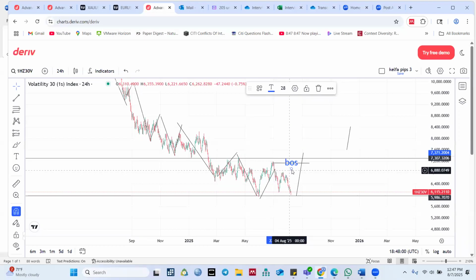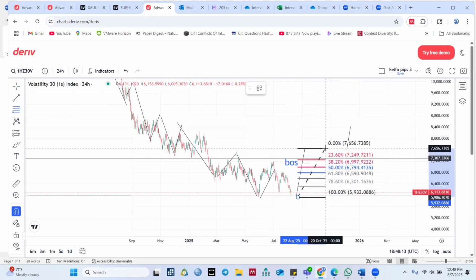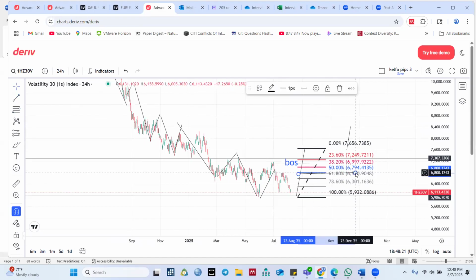Once price breaks that, what do we expect? What do we do from here? If price moves up to break here, this becomes our range, and therefore we use the Fibonacci to measure this range. And where do we find our buys? We find our buys below 50%.